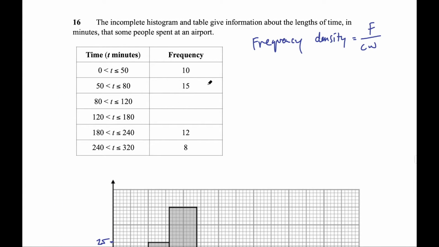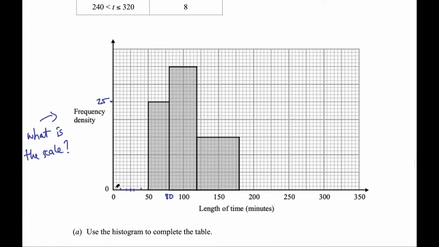We have a frequency of 15, so the frequency density here, maybe I'll make a new column, frequency density is going to be 15 divided by 30. Okay, that's 0.5.